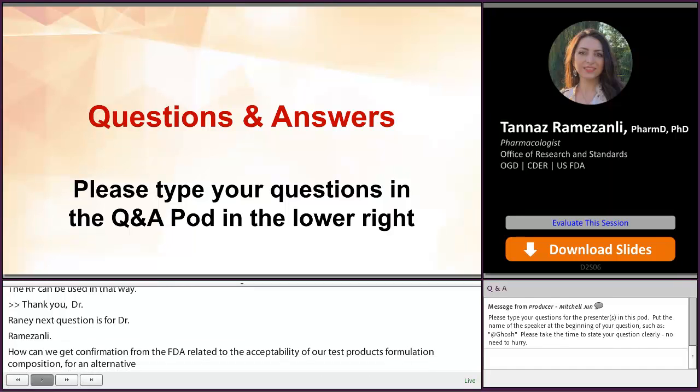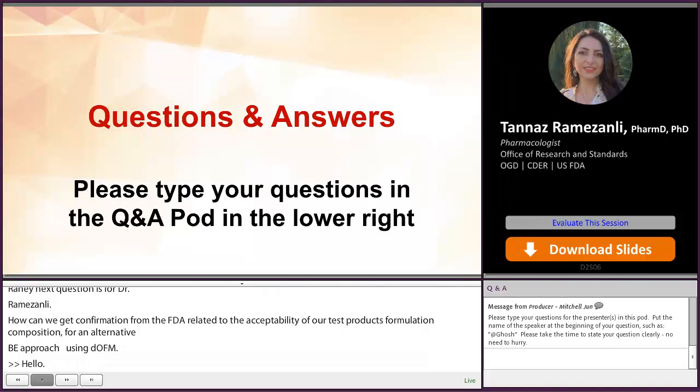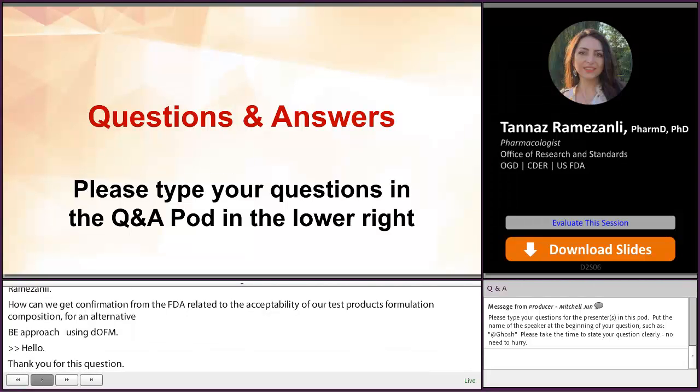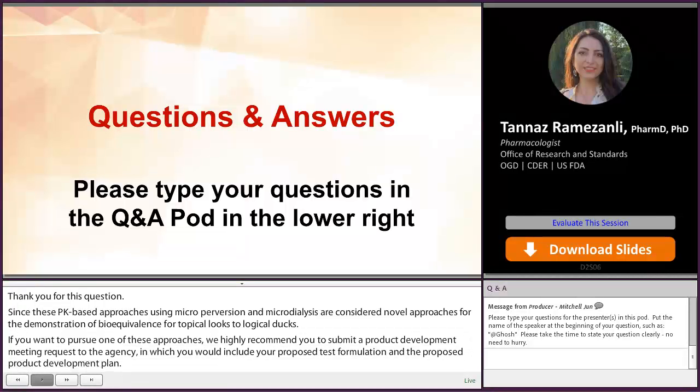Since these PK-based approaches using microperfusion and microdialysis are considered novel approaches for demonstration of bioequivalence for topical dermatological drug products, if you want to pursue one of these approaches, we highly recommend you submit a product development meeting request to the agency in which you would include your proposed test formulation and your proposed product development plan, proposed study designs for both the method optimization studies and the pivotal studies, and any preliminary data that you may have to justify the study design that you are proposing.